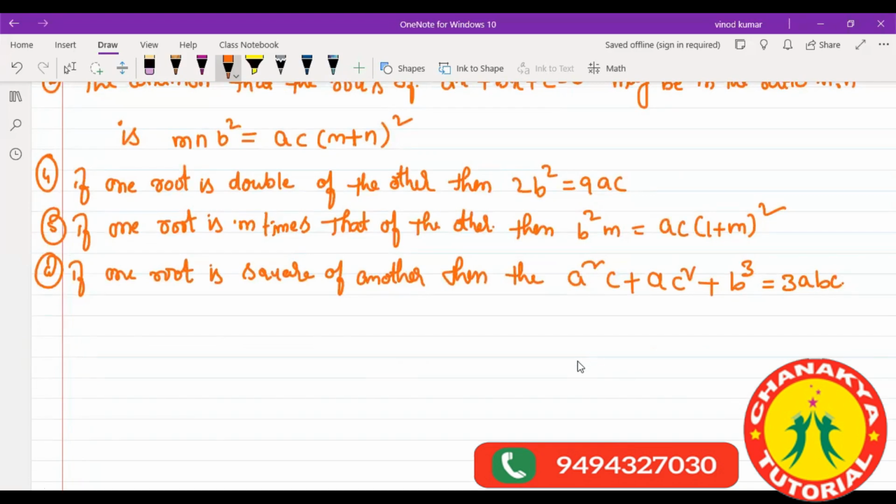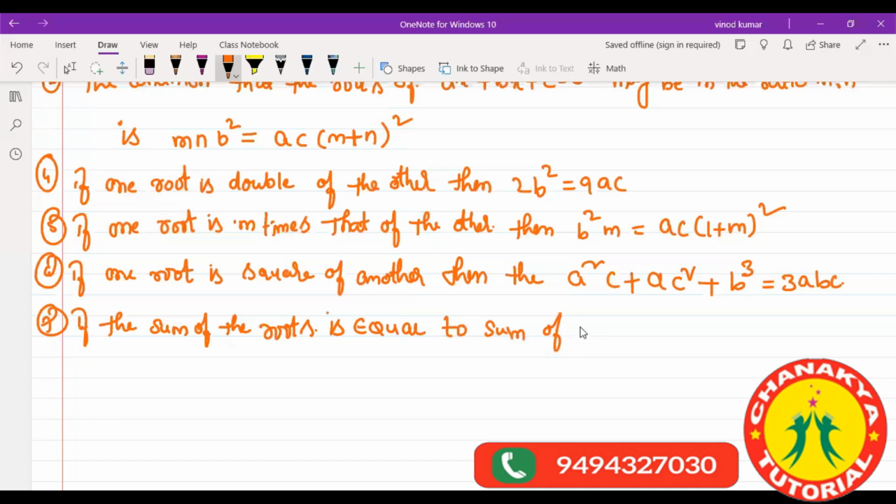And next, if the sum of the roots is equal to the sum of their squares, then the condition is 2ac equals to ab plus b square.